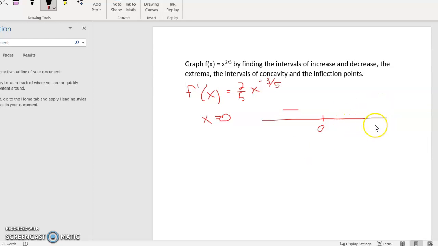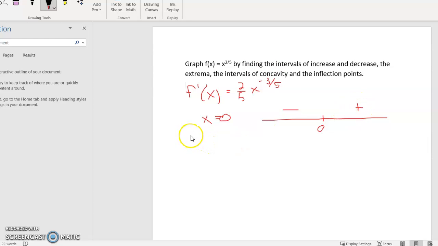If I choose something on this side, let's say positive 1, if I raise 1 to the negative 3/5 power, again, if you have trouble with that, put it into your calculator, I will get a positive answer. Multiply it times 2/5, that is positive. Do not get into the wrong thinking of thinking that a negative power makes a negative answer. That is not the case. A negative power puts things into the denominator of the fraction. So just be careful about that. So this is positive over here.